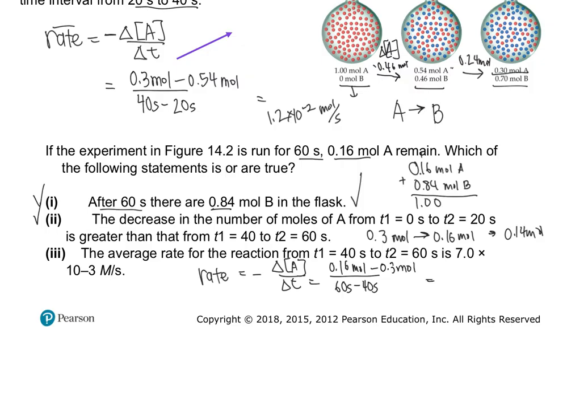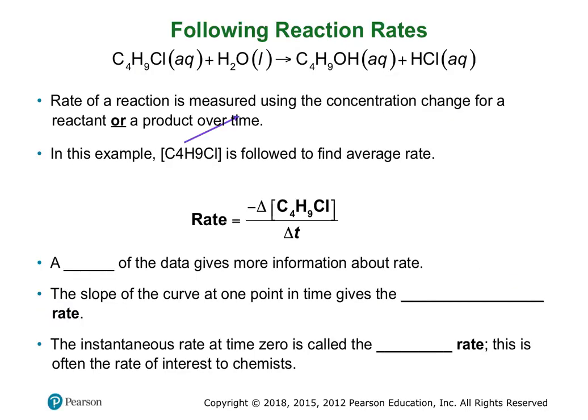And so we'll get 0.14 divided by 20, and yes, that is 7.0 times 10 to the negative third mole per second. So yes, that is correct also. So as we measure reaction rates, we can follow it. We can use either a reactant or a product, as I mentioned.